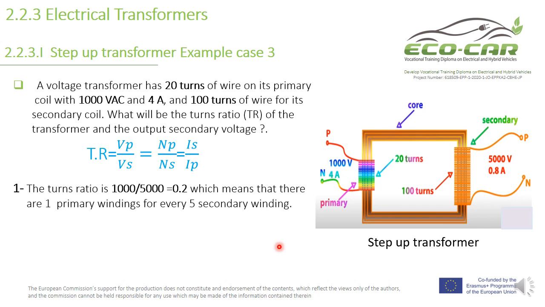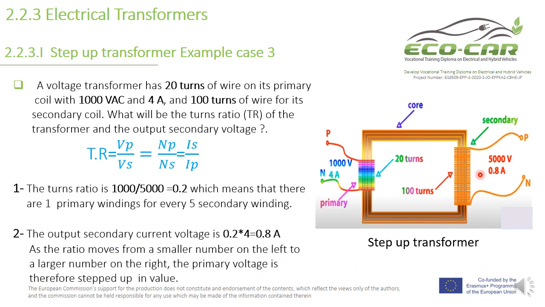It means a step up transformer, and also a step up for the voltage. But you see here the current is stepped down, decreased from 4 amperes to 0.8 amperes. So the secondary current is 4 amperes multiplied by the turns ratio 0.2, which equals 0.8 ampere.